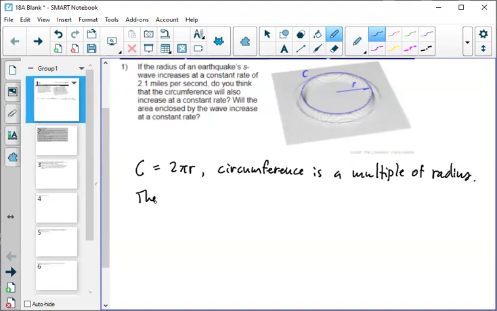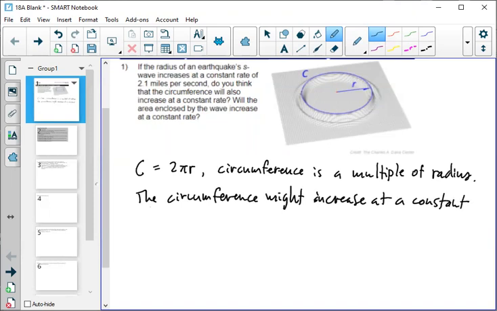So the circumference might increase at a constant rate. However, since area is equal to pi r squared, the area may not increase at a constant rate.